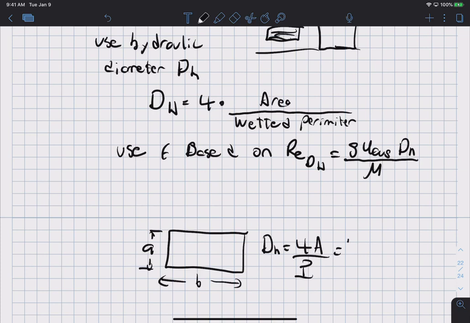So that equals 4 times AB over the perimeter. You have a B here and a B here, so those add together, and you have an A here and an A here. So that's 2 times (A plus B). And so that equals 2AB over A plus B.